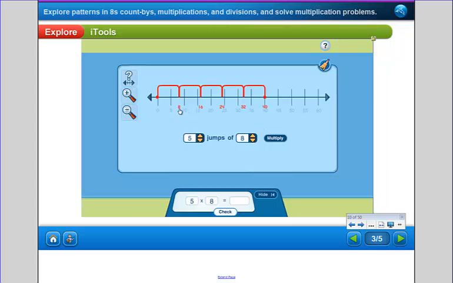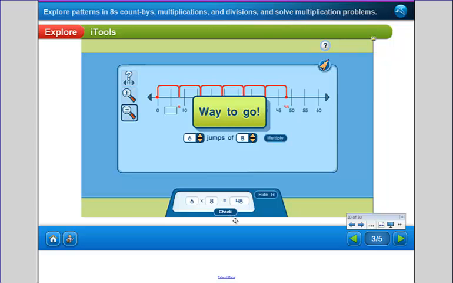And so it shows you 8, 16, 24, 32, 40. How many jumps would it take to get to, let's try 6 times 8. Multiply. And we see 1, 2, 3, 4, 5, 6. 6 times 8 equals 48. And so we can check our answer by checking 48. Way to go!